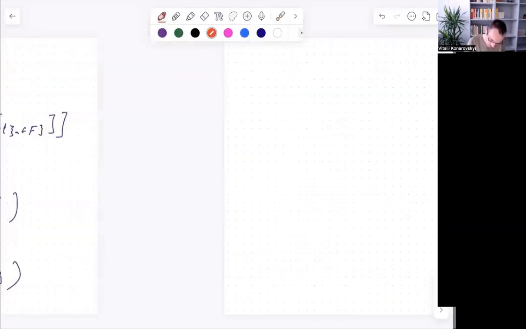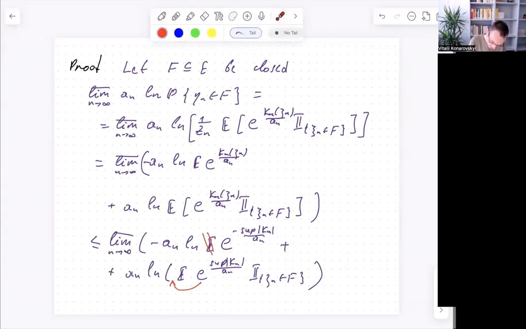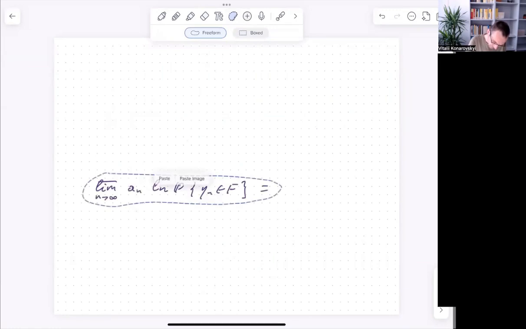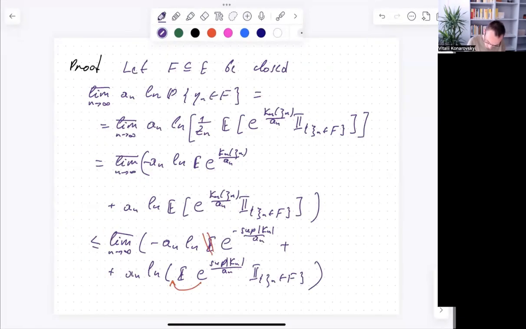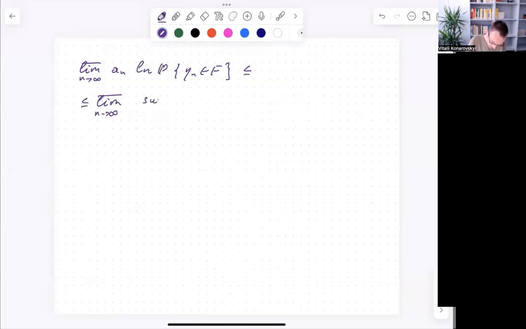Then we can continue the estimate, but maybe I will copy the left hand side and put it here, and then I will continue. It is less or equal to the lim sup as n goes to infinity of, as we said, the supremum of the absolute value of Kn.